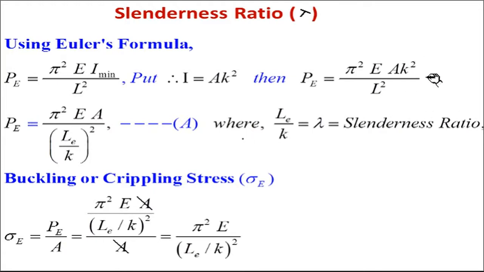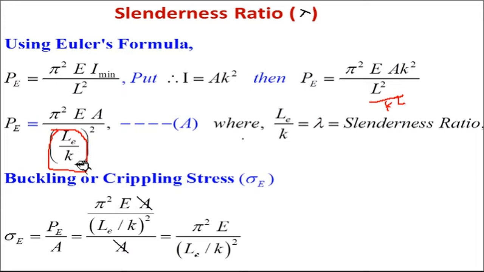I have taken this K on the denominator, so it is divided by L square by K square. If you take this square common, it is LE by K square. And LE by K is nothing but lambda, effective length by radius of gyration.